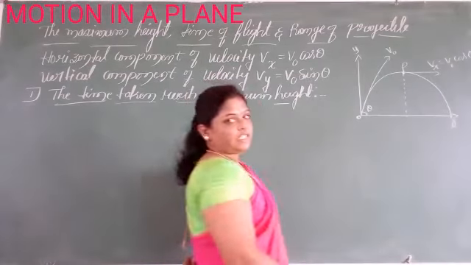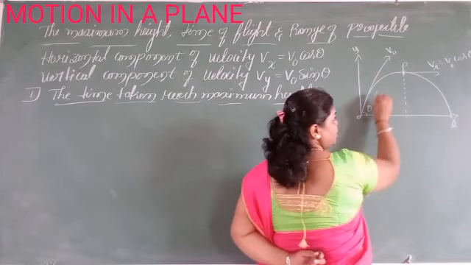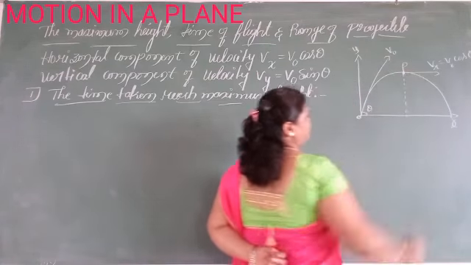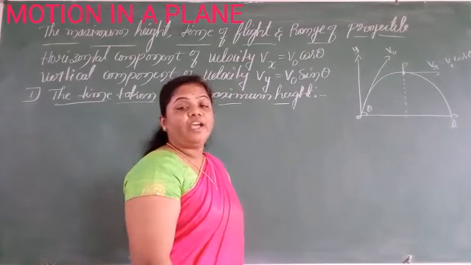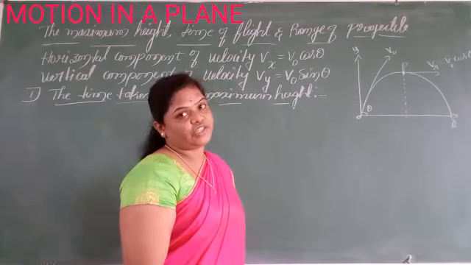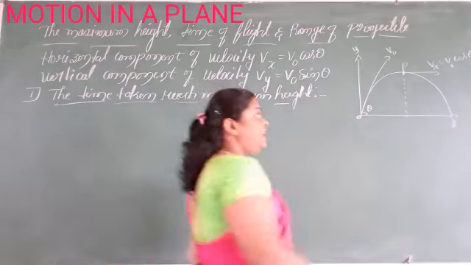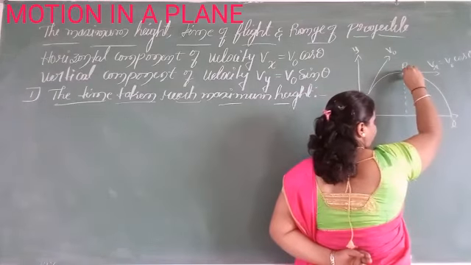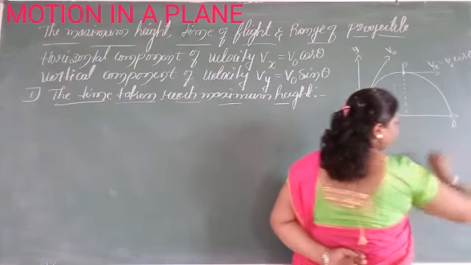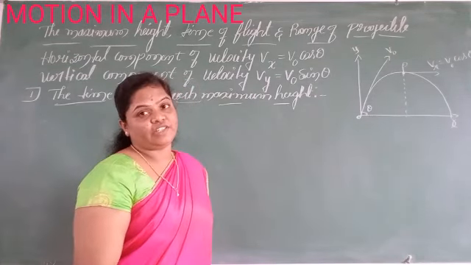Here see the figure. The time the object takes to reach the point P from the initial position, we call the time of ascent. Again, the time taken to reach the ground from this point P, we call the time of descent.